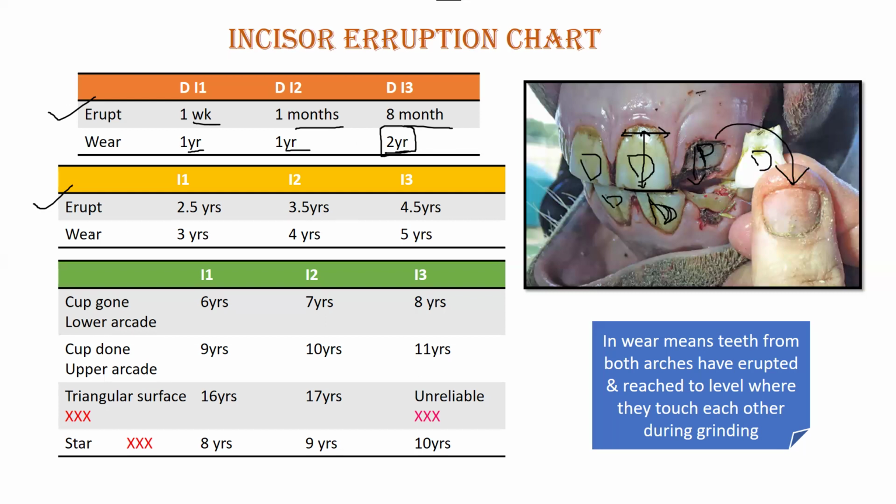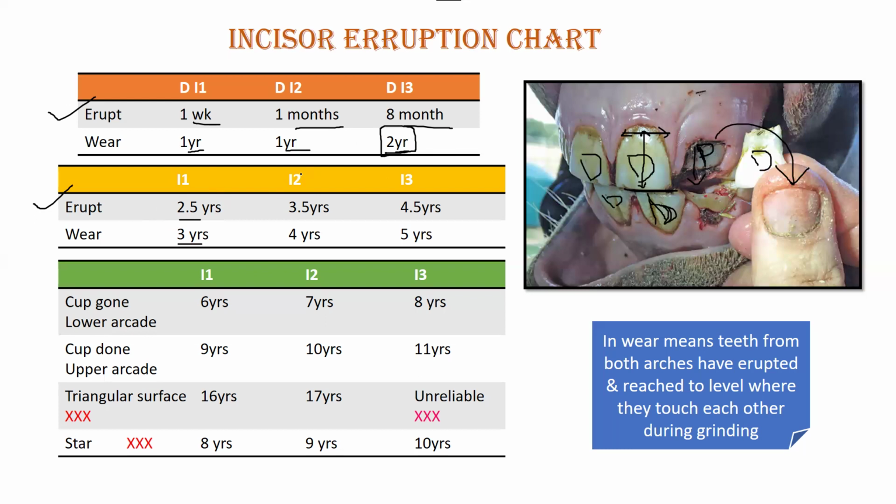So same case for permanent incisors. At 2.5 years of age, the central incisors will fall. Like the deciduous first incisors will fall, and the permanent incisor behind them will erupt. Similarly, they will erupt at 2.5 years of age, and they will be in wear by 3 years of age.